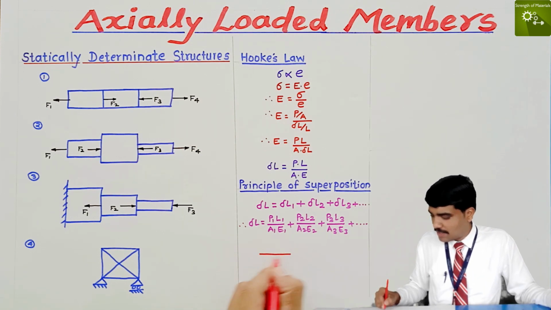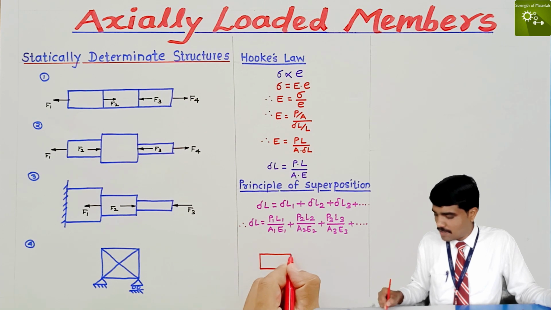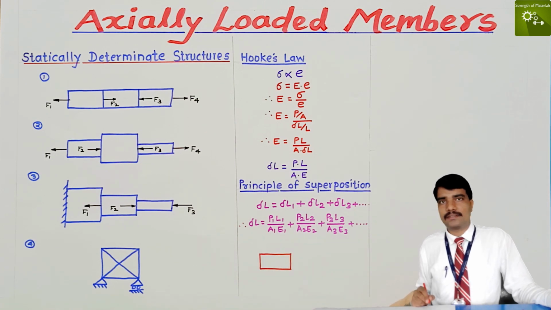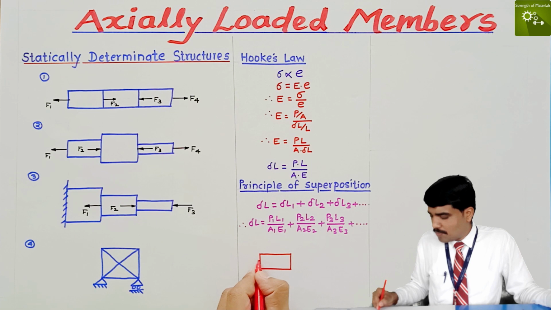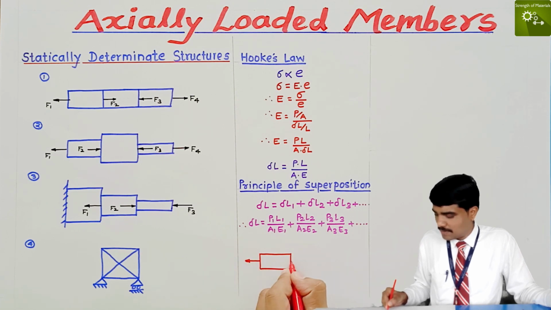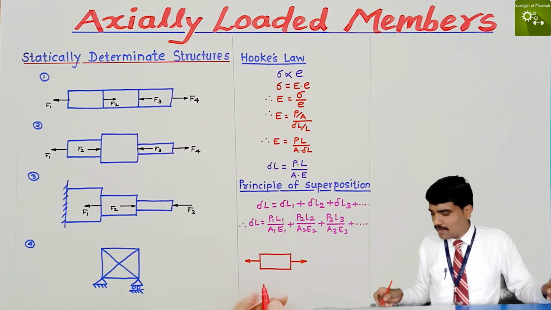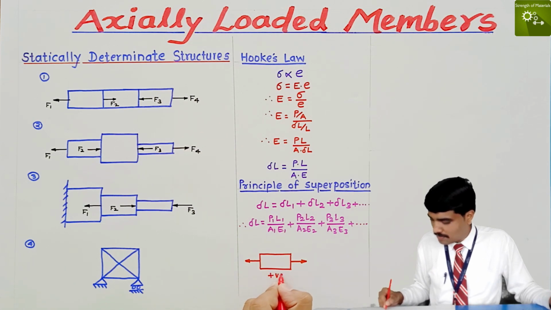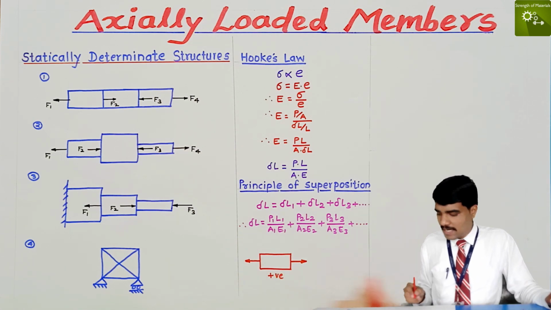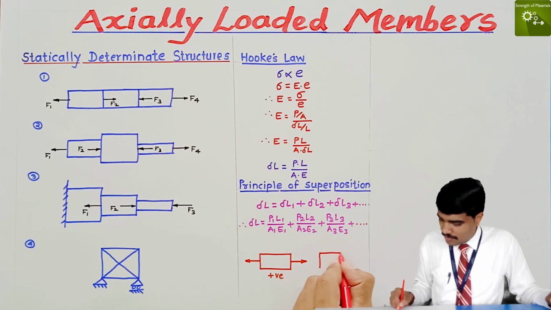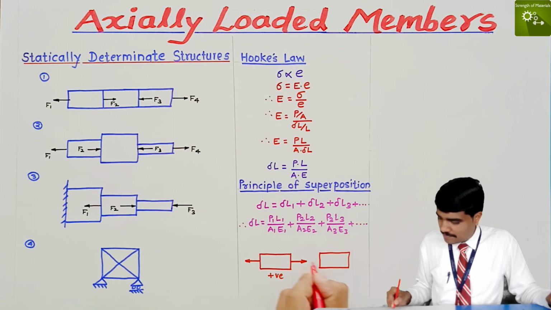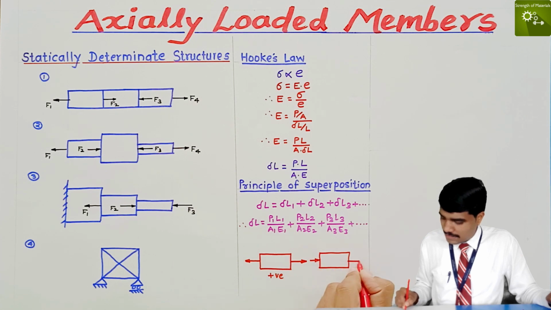If we consider a free body diagram of an axially loaded member, if the force is pull type, tensile, then we take it positive. And if the force is compressive, push type, then we take it as a negative force.